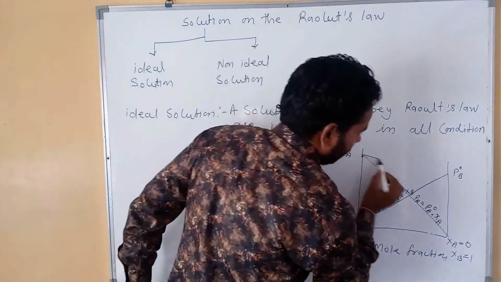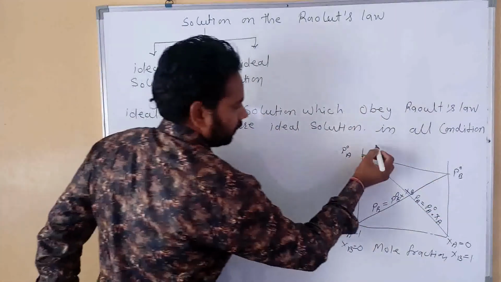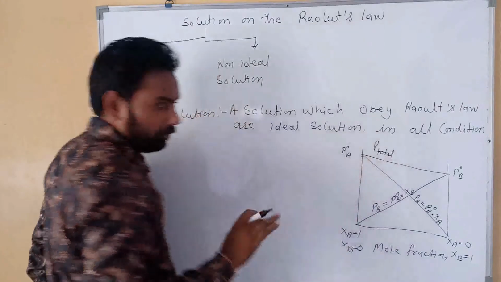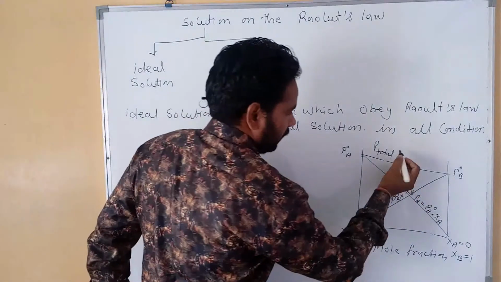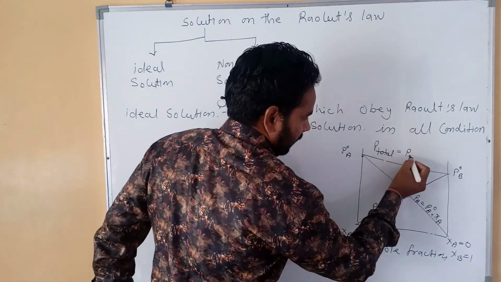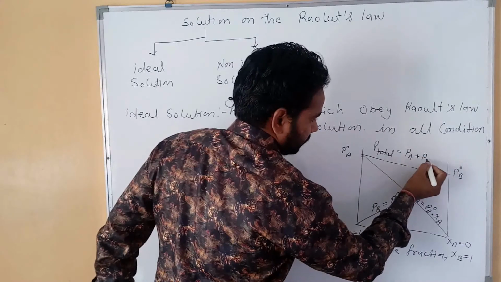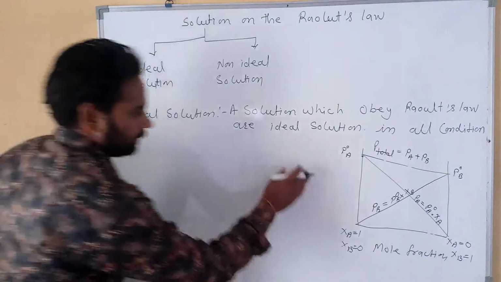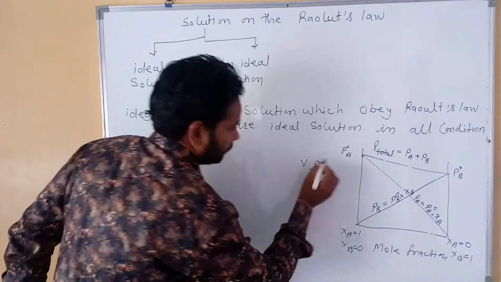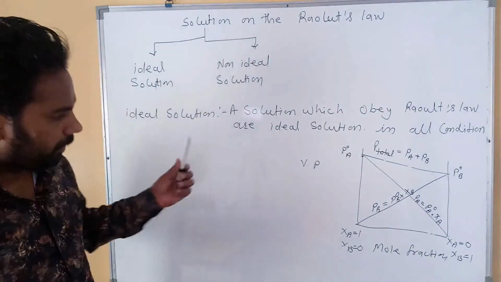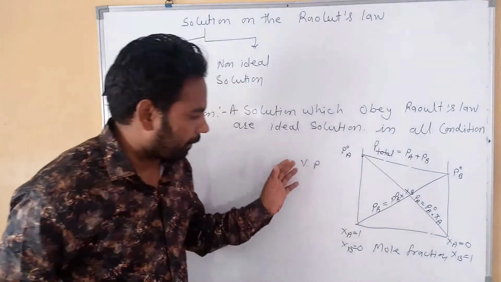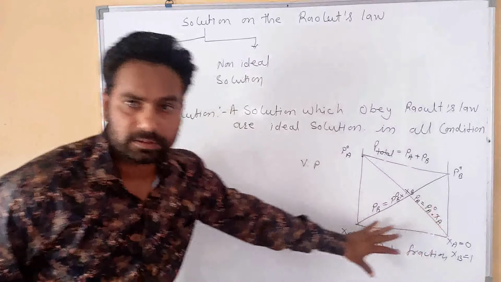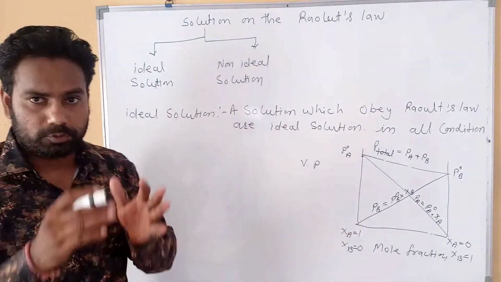Then the total vapor pressure of the solution is equal to PA plus PB. This graph shows vapor pressure against mole fractions, so we obtain a structure like this for ideal solution.